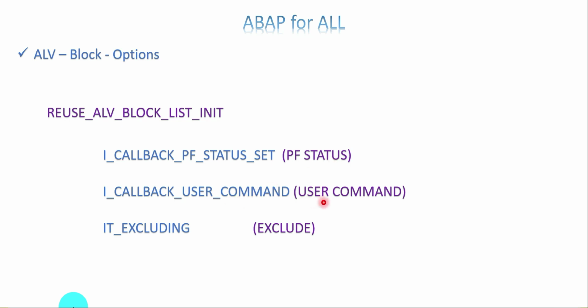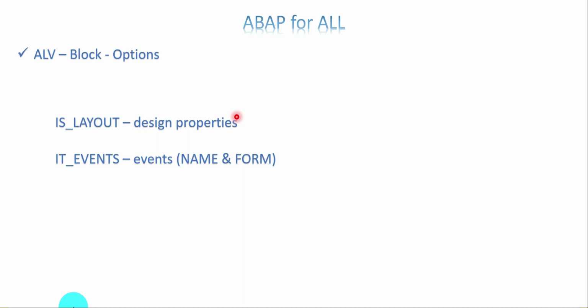Whenever you have a button, once that is clicked, you have to create a subroutine, then that will take care of it. And exclude: suppose in the PF status I want to exclude a few buttons, a few function codes, that can be done using this parameter. So these are coming under this first function module. And then events is coming under the middle one. Okay, I missed it. So here is in that is layout or IT event, these are mandatory parameters.